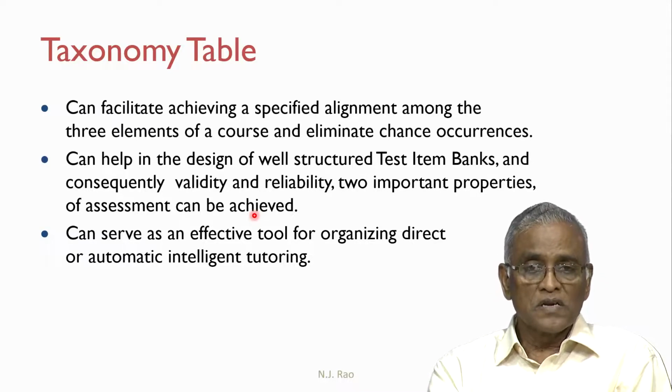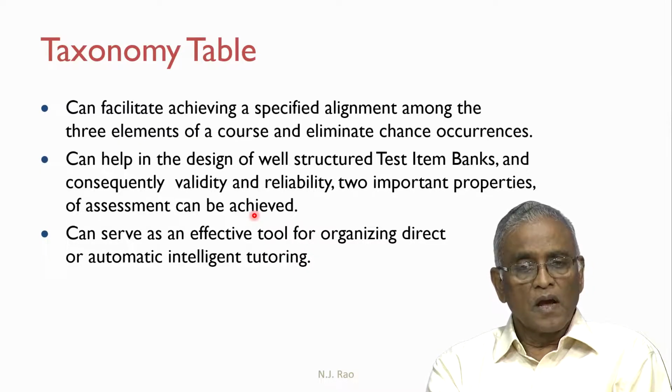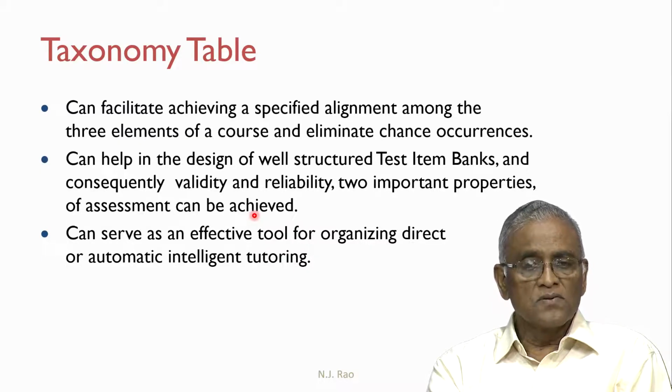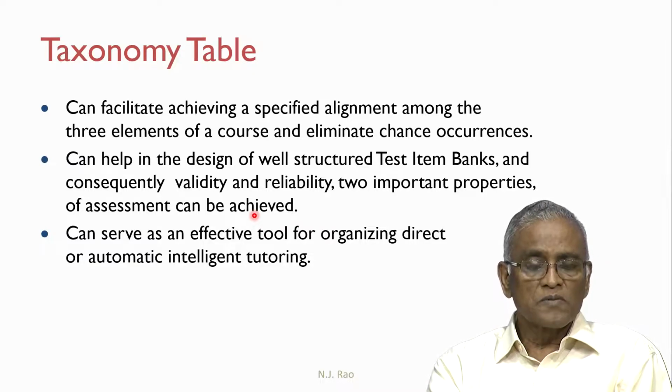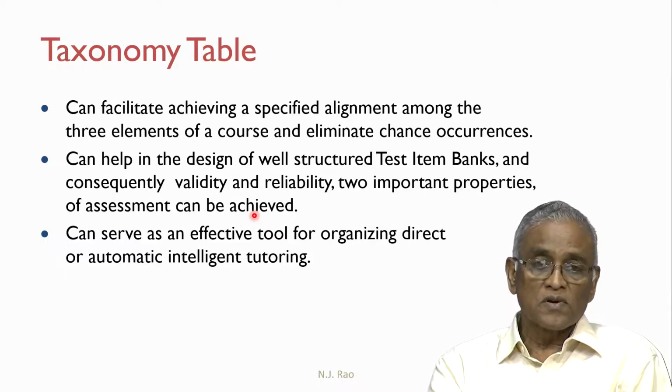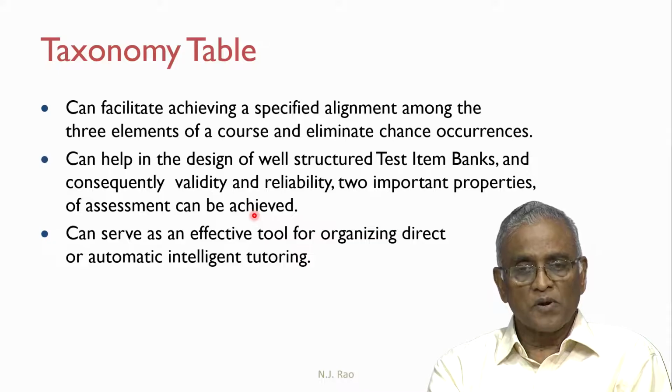If tutoring is one-to-one instruction, you make a student do some activity and then you interact at one-to-one level, and if you find the student is unable to do that, the taxonomy table can help you decide what the next activity is that I want to give him so that he can perform this activity properly.